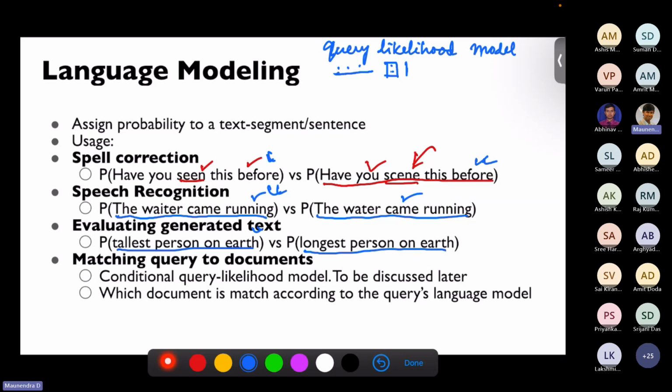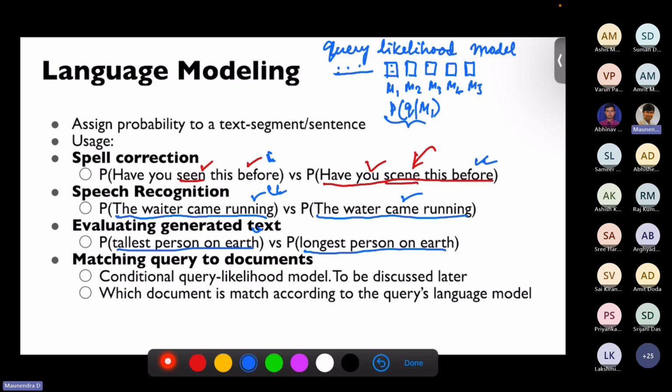So if we have different documents, for each document we can get a language model, M1, M2, M3, M4, M5, and we can check which document model can generate the query in the best possible manner, that is, the highest probability of the query given the model. That document should be scored high. So this probability can be considered as a scoring mechanism for such systems.